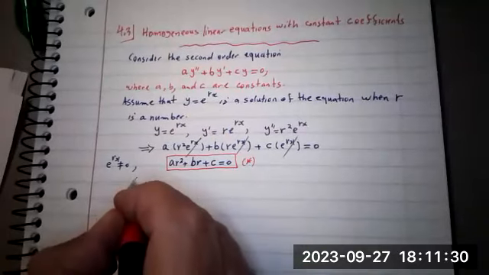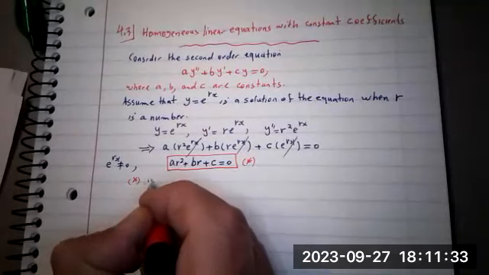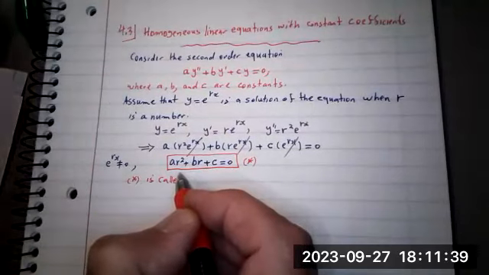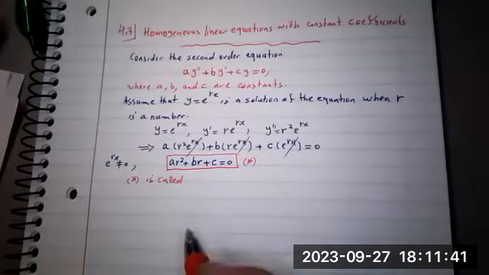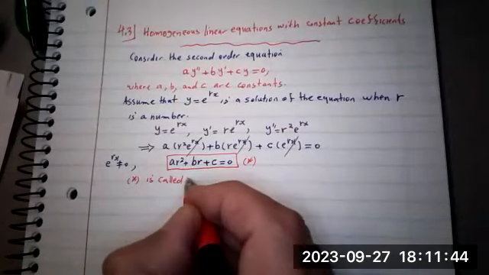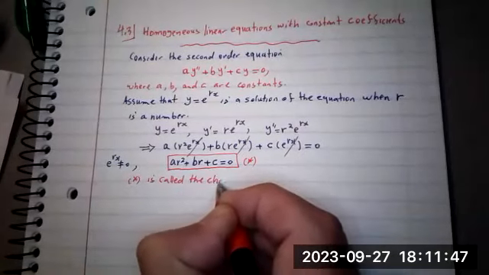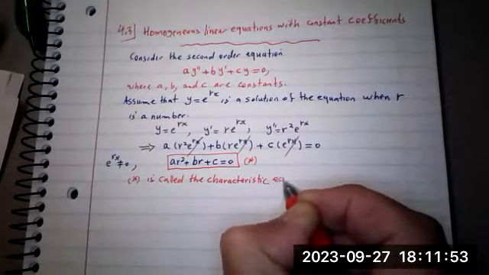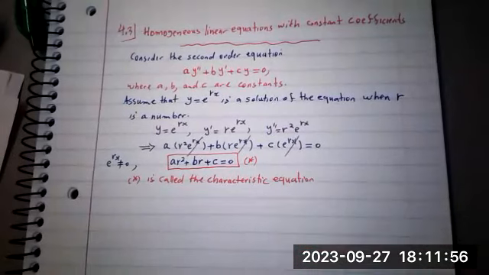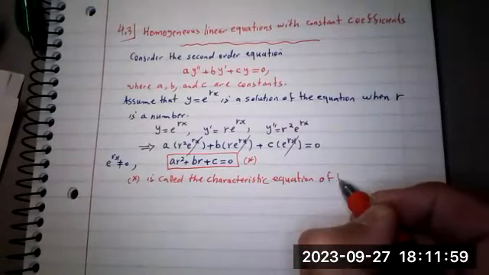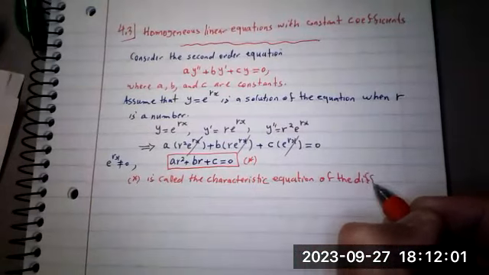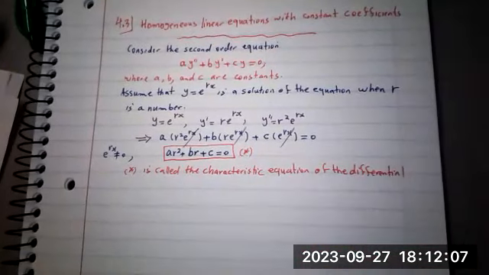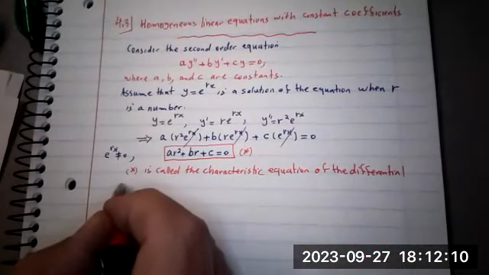Star is called the auxiliary equation, but the better name is the characteristic equation of the differential equation.